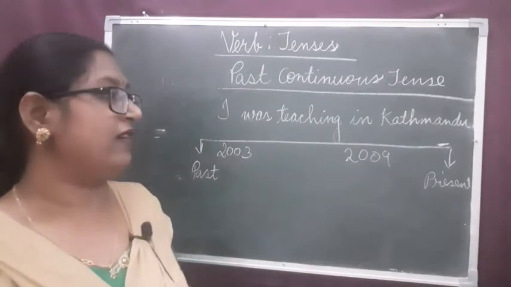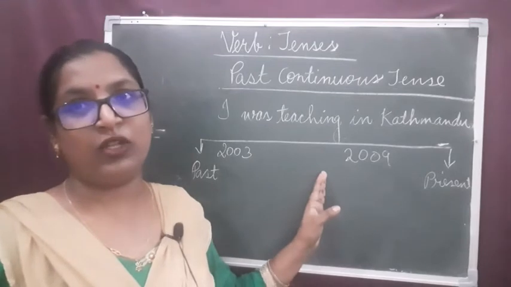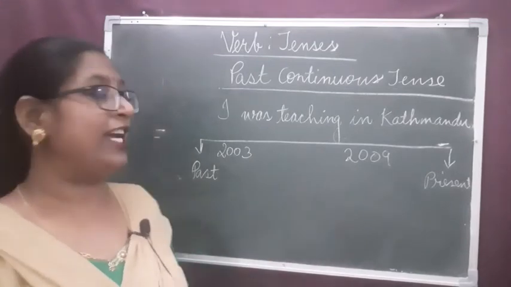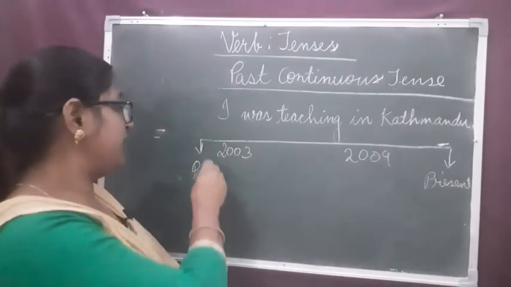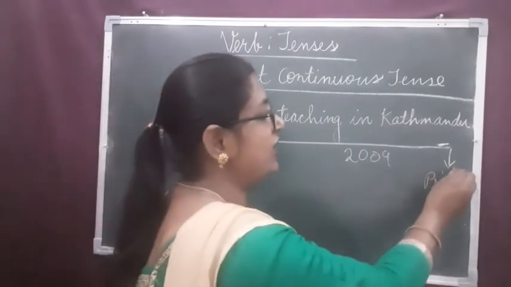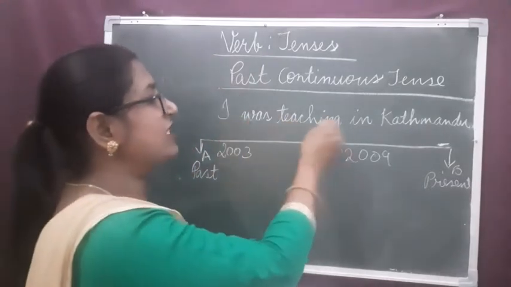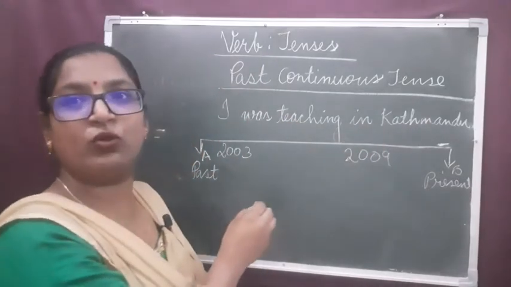Dear children, let us try to understand with the help of this diagram, this timeline. See here, point A indicates the past time and point B indicates the present time. I was teaching in Kathmandu.